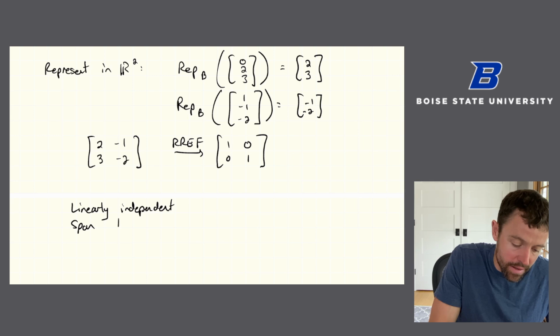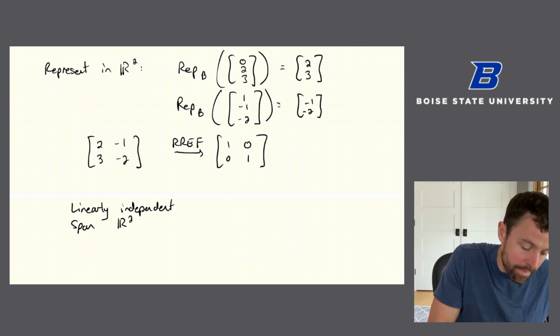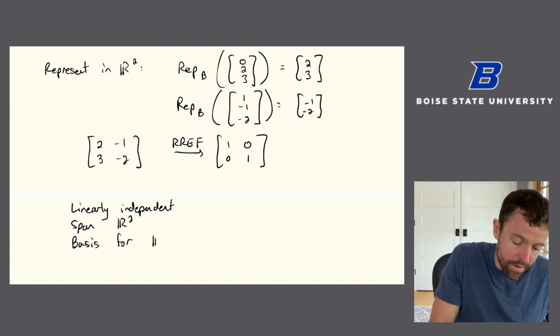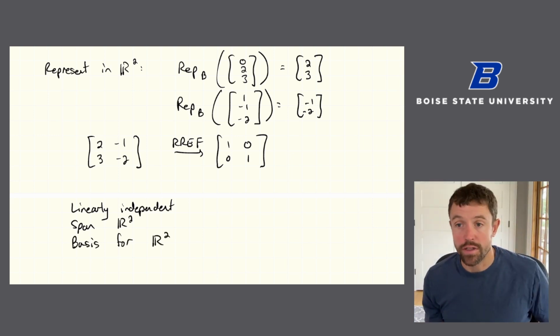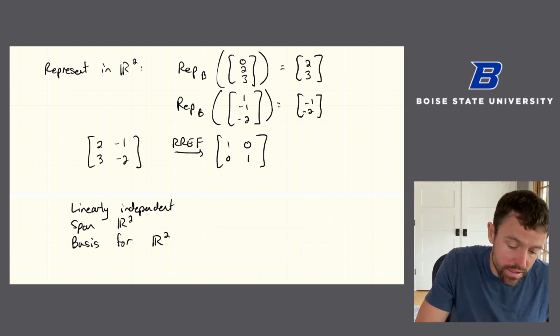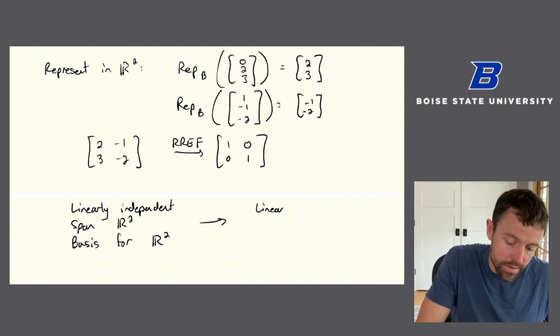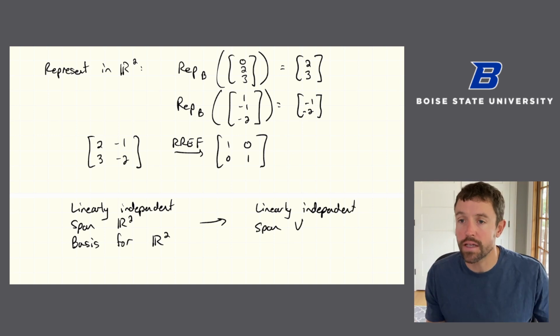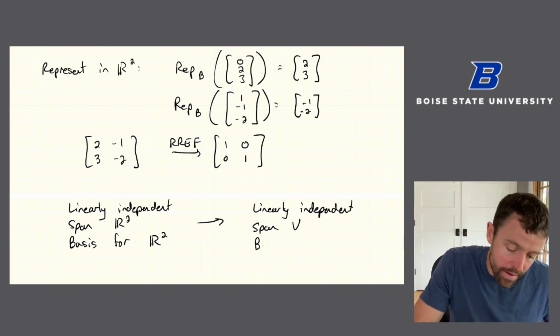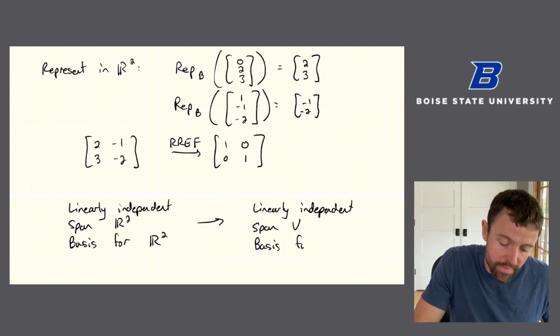They do span R2, and they are a basis for R2, which means that our original vectors are also linearly independent. They span the vector space V, this space that looks like R2, and they form a basis for V.